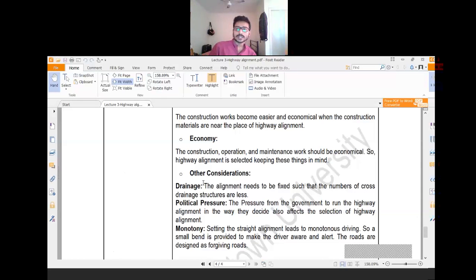Now, if the water from that waterfall crosses a particular alignment or particular road, in that case also, you need to take special care for that portion of the road. You need to make some extra facilities to facilitate this type of cross drainage structure. Okay, so in that case, it is always advisable to avoid such cross drainage work.